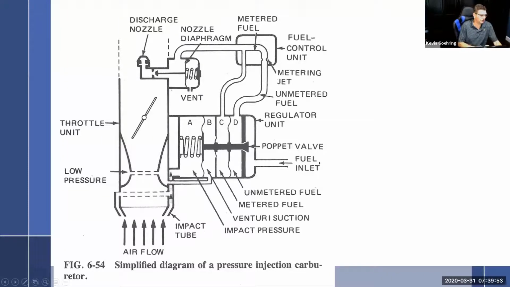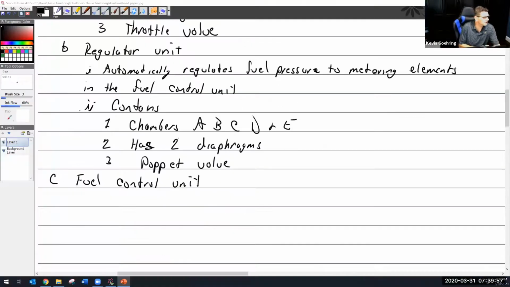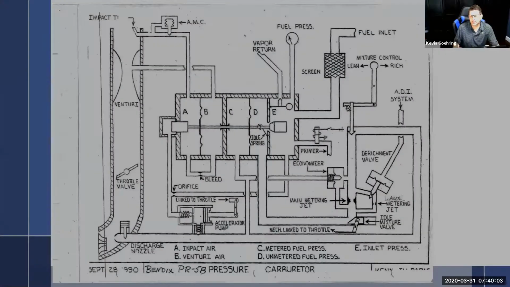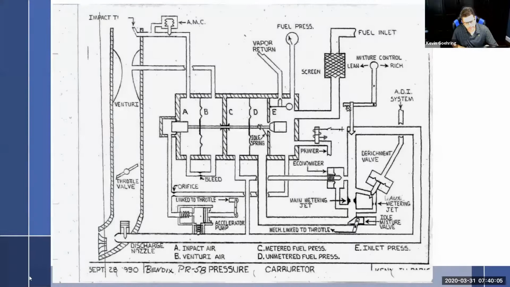If I were going to go to my more complicated diagram, which is way down here, then I would say my fuel control unit should be something like this area.